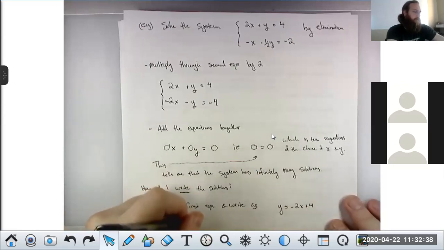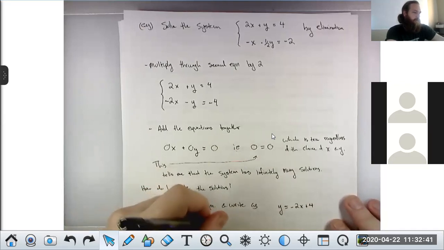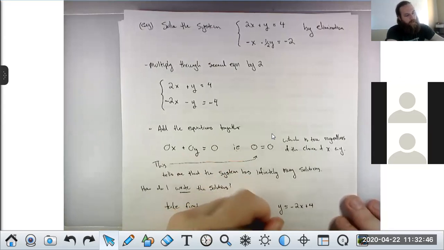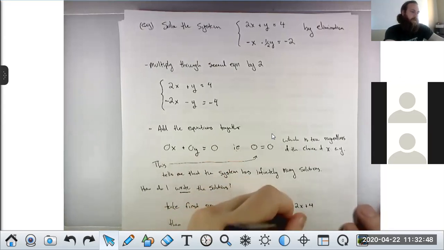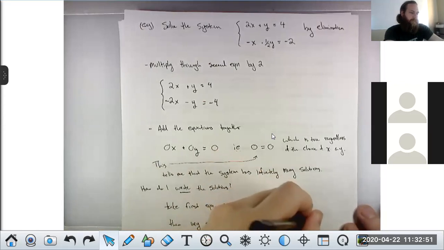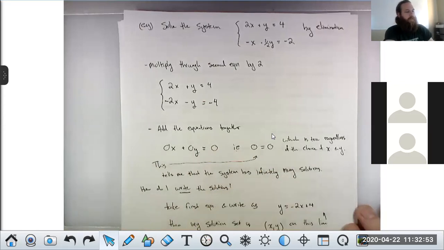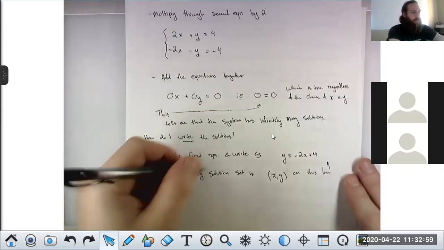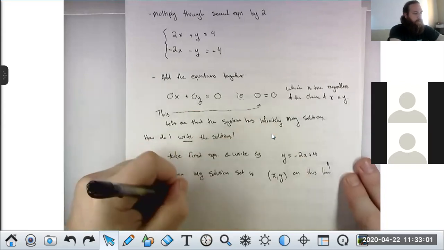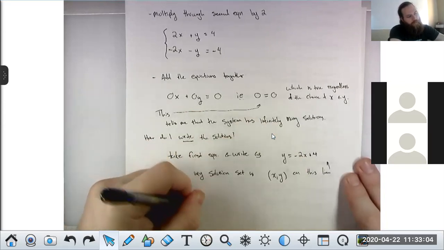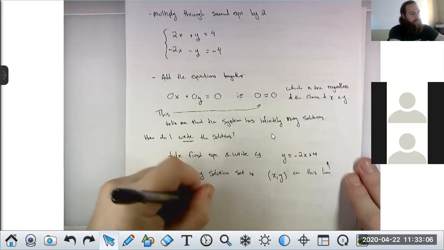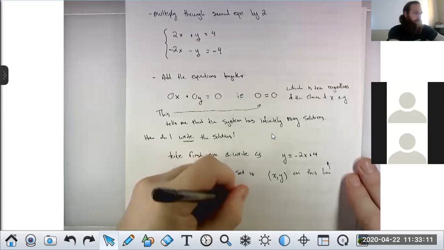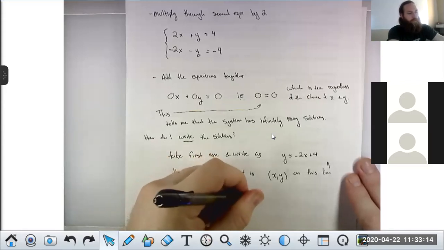Then my solution set is the set of all points x comma y on the line. And the way I write that, the set of all points x comma y that live on this line, I could write it like this. I could say it's the set of all x comma y such that y equals negative 2x plus 4. That's one way to do it.